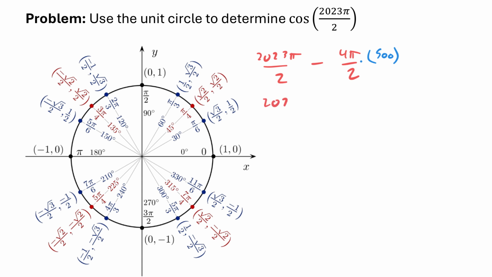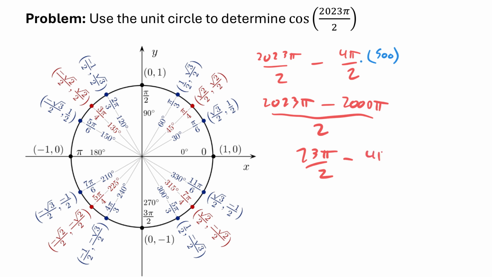So we have 2023 pi minus 2,000 pi over 2. Again, the pi's just go along for the ride, and so we have 23 pi over 2. Okay, we probably need to subtract some more 2 pi's here.